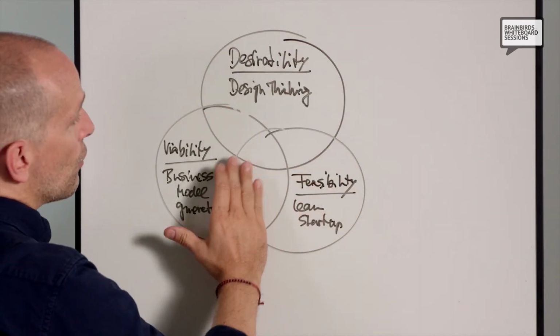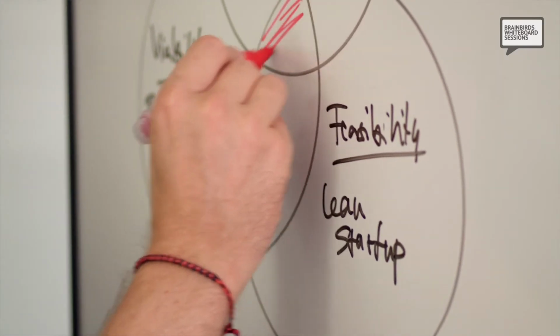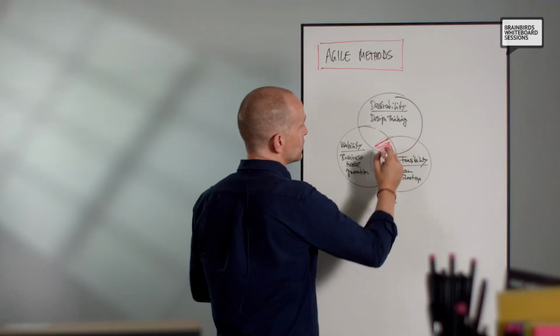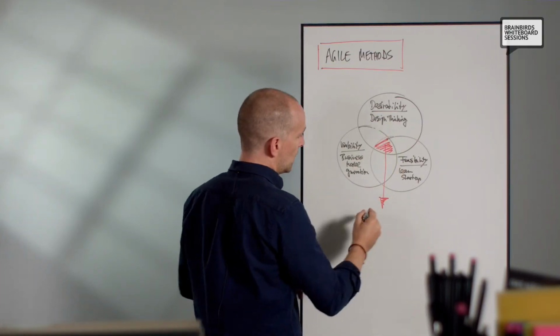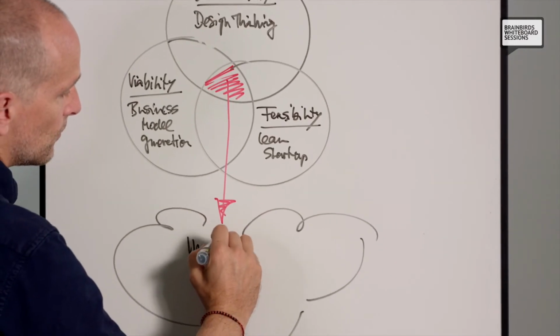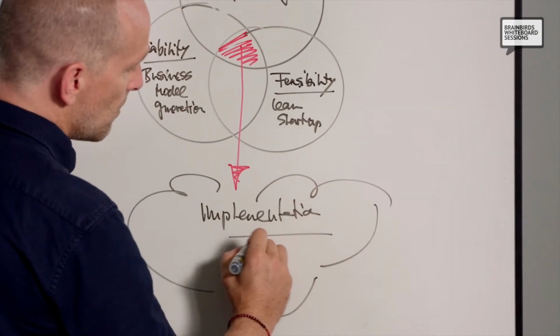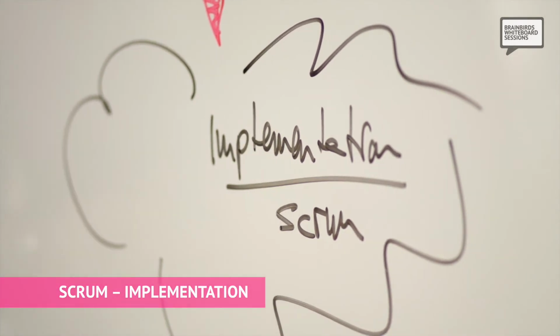So in the end, all 3 methods work together, and we only want to implement solutions that fulfill all 3 components. So the solutions we want to implement sit in the middle. And when it comes to implementation, we can use a method like Scrum for iterative product and software development.